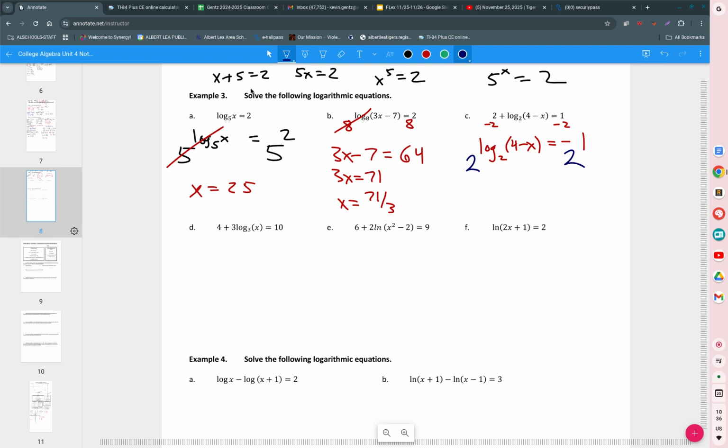So then you get 4 minus x is equal to 2 to the negative 1 power. What is 2 to the negative 1 power? 1 over 2, or 0.5. Very good. I subtract that 4 and I get negative x is equal to negative 3.5. And I divide by negative 1 and I get x is 3.5.